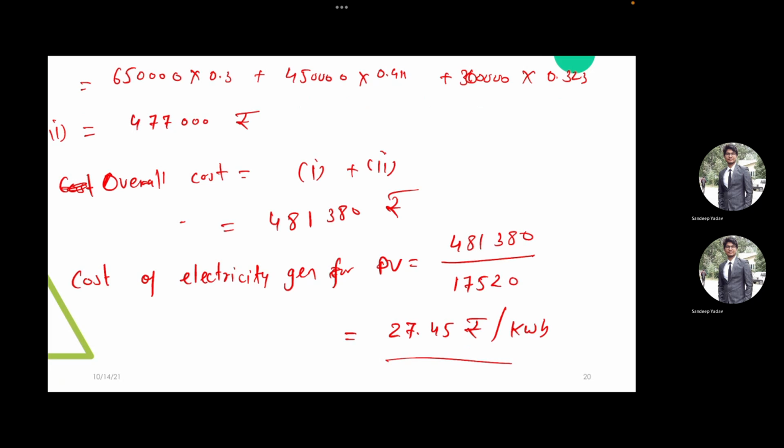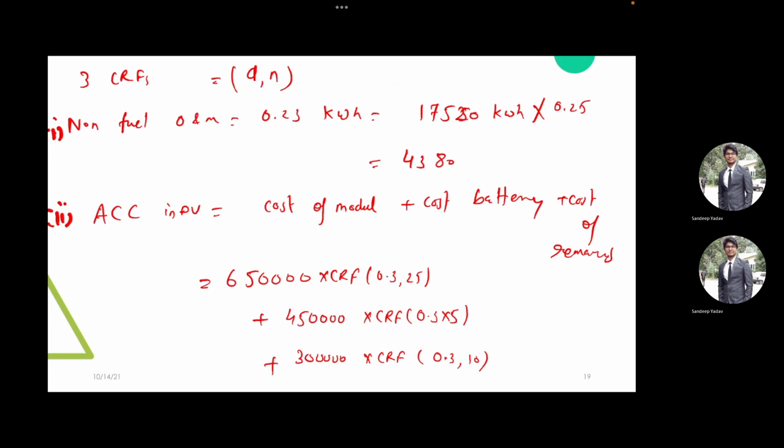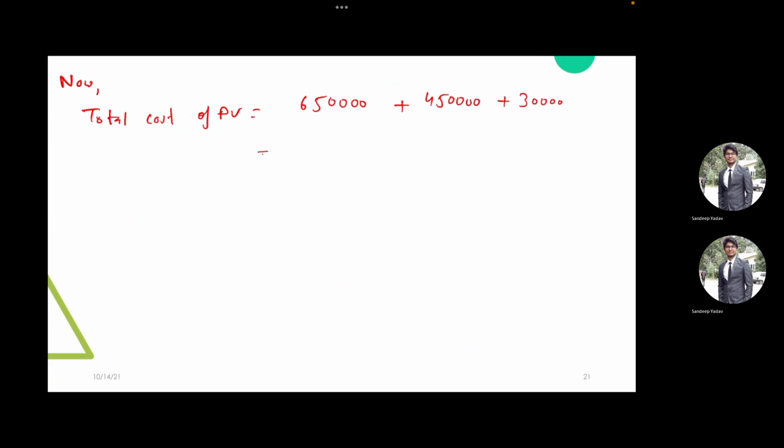So now we have to calculate the incremental cost. The total cost of PV is 6,50,000 plus 4,50,000 plus 3,00,000. That will be 14 lakh rupees.